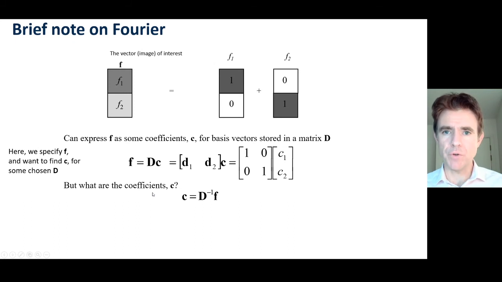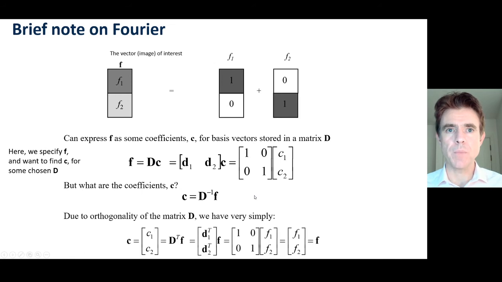So how would we find the coefficient vector c? Well, assuming that D has an inverse, and it certainly does in this case, we would just go about inverting that matrix. So c is equal to the inverse of D times f, all very straightforward. Because the matrix D is orthogonal, because these are orthogonal vectors, but of course more than that, it's the identity matrix, so it's bound to work.